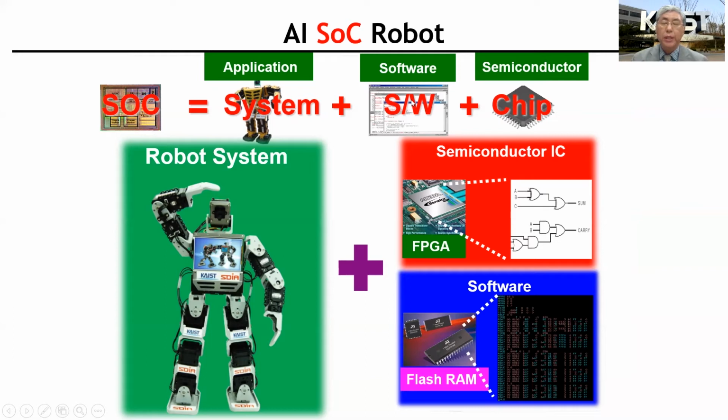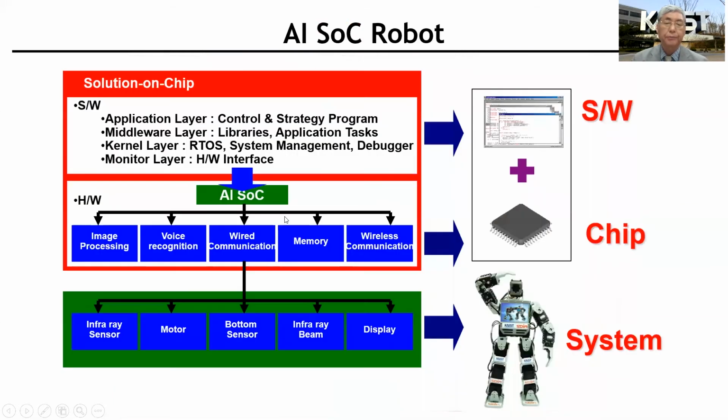And AI software is stored on a flash RAM. And later, those chips are integrated on a board and installed inside the robot to provide the robot applications.